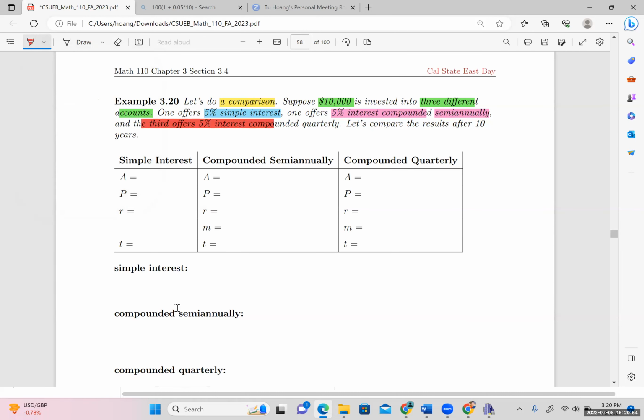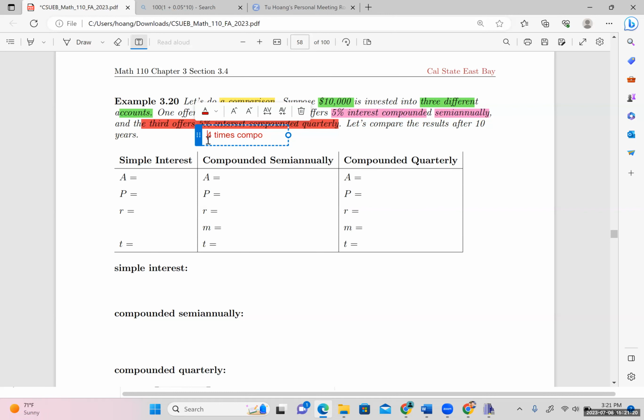So quarterly means how many quarters a year do you have? 4 quarters, right? We have 4 quarters in a year. It means it has 4 compounding periods.